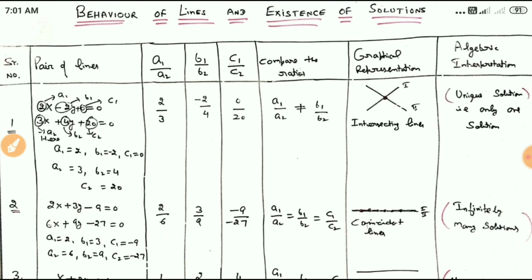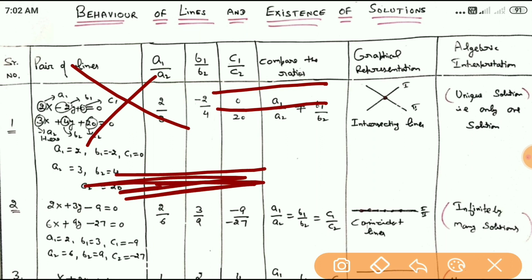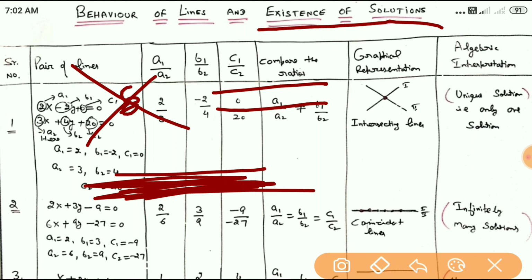So viewers, here we have discussed the behavior of lines, that is, lines are intersecting, lines are parallel, or lines lie on each other. And next we discussed the existence of solutions: in this case the solution is unique, in this case there are infinitely many solutions, and in the case of parallel lines there is no solution.